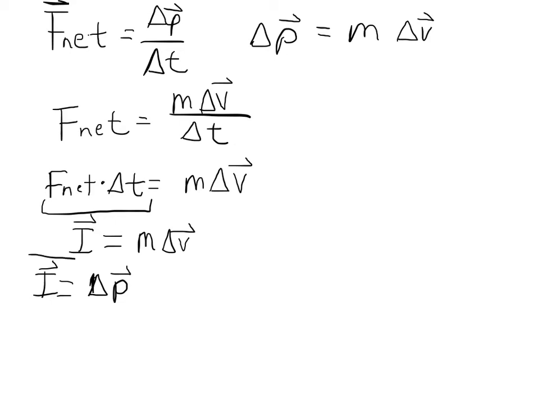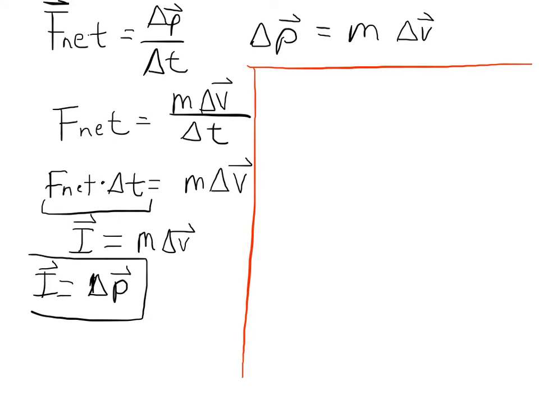So that's a big takeaway here. Impulse is a change in momentum. Another big takeaway I want you to get is if we write this out a little differently. We just said impulse equals change in momentum. I also told you earlier that impulse is average force times time, and that still equals change in momentum.